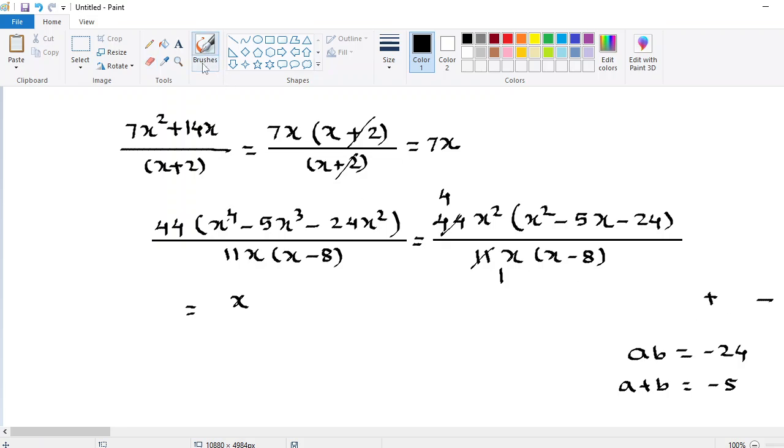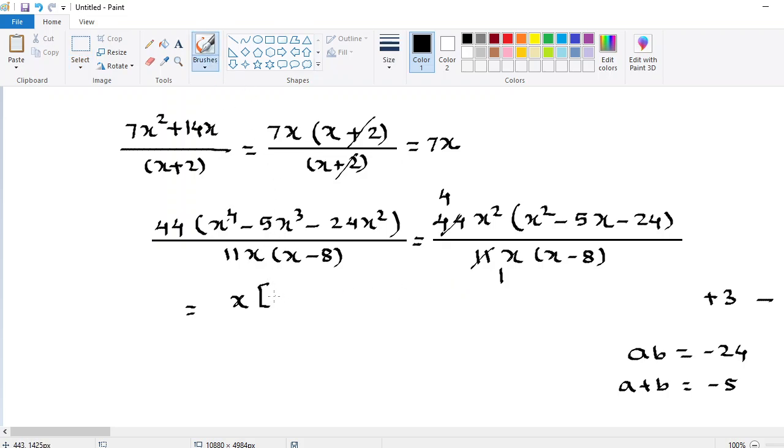Now 24 product and 5 difference, such two numbers are 8 and 3. Bigger will get sign of middle term. So 8 is negative and 3 is positive. So these two numbers have product minus 24 and plus 3 minus 8 is minus 5.